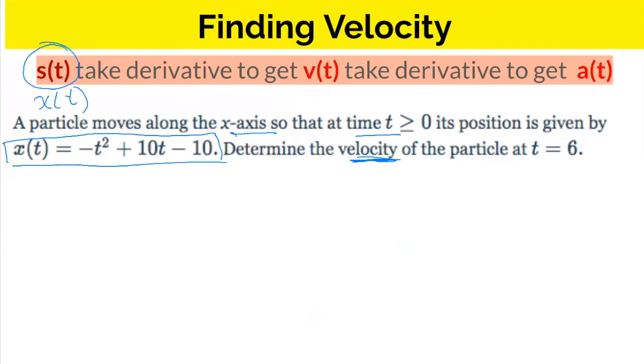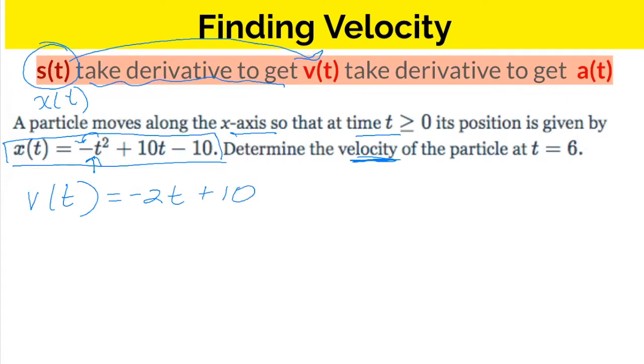In order to take the original function and determine the velocity, you have to take the derivative. We're going to use the power rule: 2 times negative 1, so it's going to be negative 2t plus 10.